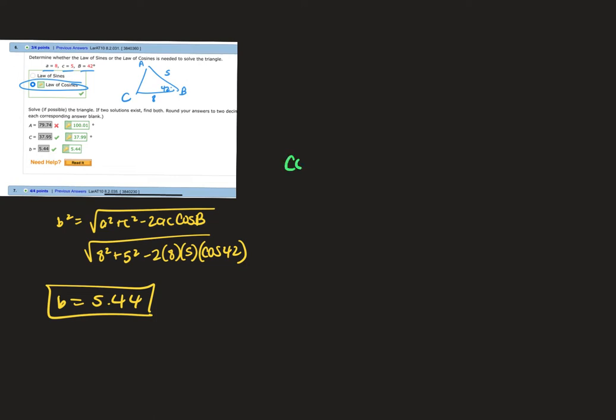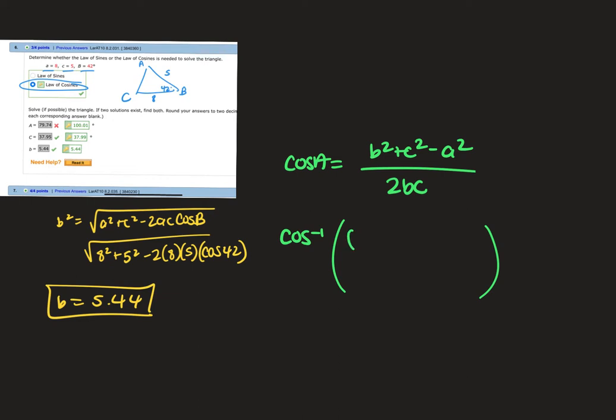Okay, so cosine of A would equal B squared plus C squared minus A squared over 2BC. So I'm going to end up doing cosine inverse. Remember, pay attention to how you group it. So B is what we found, 5.44 squared plus C, 5 squared minus 8 squared, and then close your parentheses, divided by, open your parentheses again, 2 times 5.44 times 5.